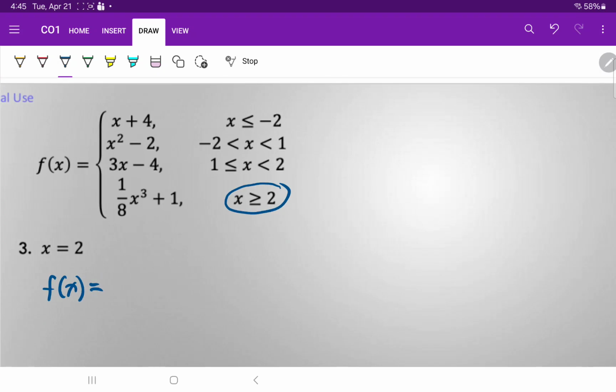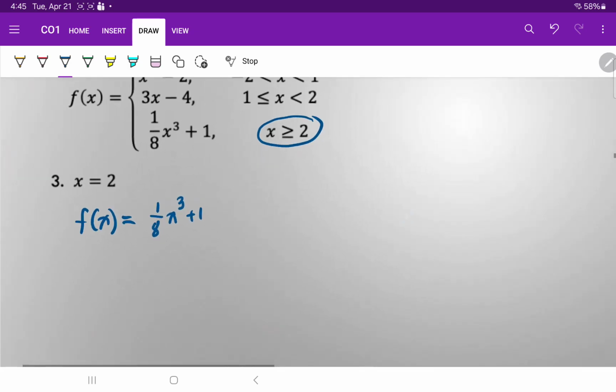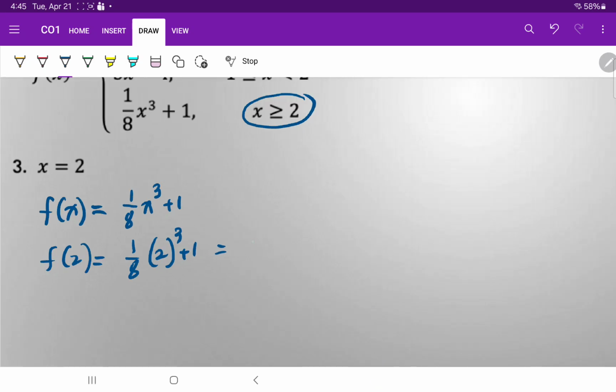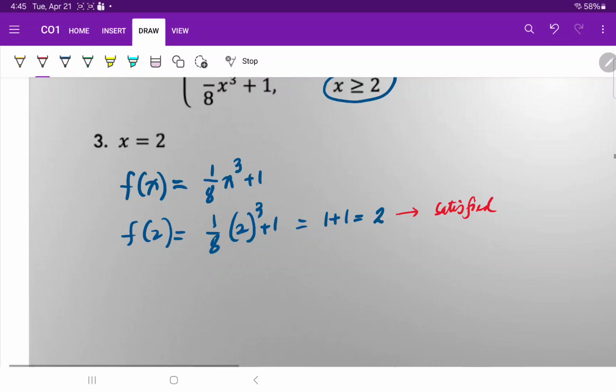So we have f of x equal to 1 over 8 of x cubed plus 1. If you solve for f of 2, that will give you 1 over 8 times 2 cubed plus 1. 2 cubed is 8, over 8 is 1, plus 1. That gives you 2. So since you get a value for f of 2, the first condition is satisfied.